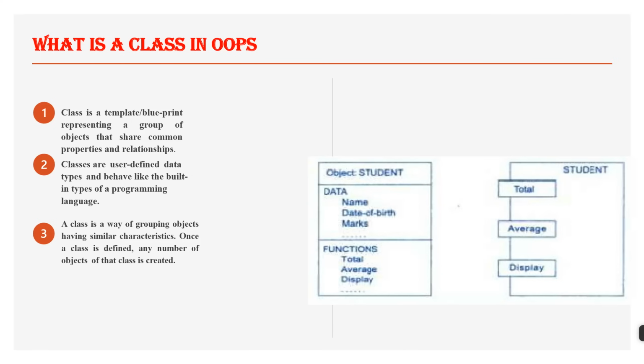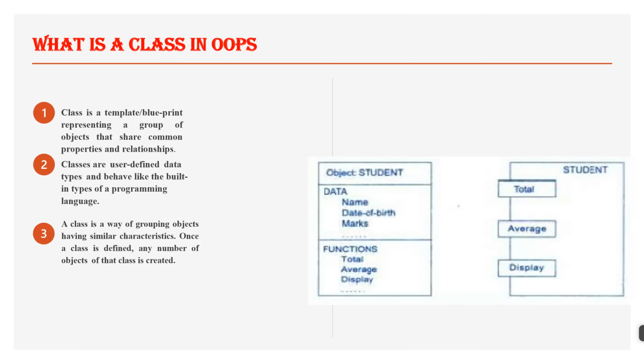Class is a template, or I can give a beautiful word for a class: it's a blueprint representing a group of objects that share common properties and relationship. It's a beautiful word.